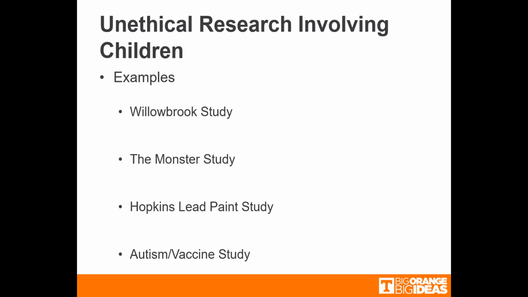They knew there was lead paint in those developments, and they followed the children to see what medical conditions may occur as a result of living in those areas. Essentially, lead paint exposure, and just seeing how it affected their health. So again, unethical because they knew there was a risk with lead paint and still conducted the study.